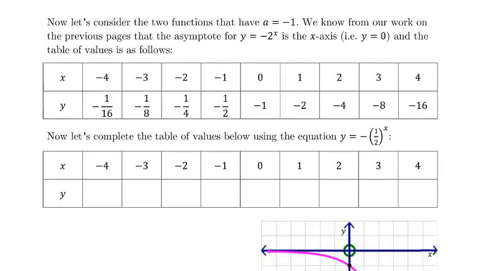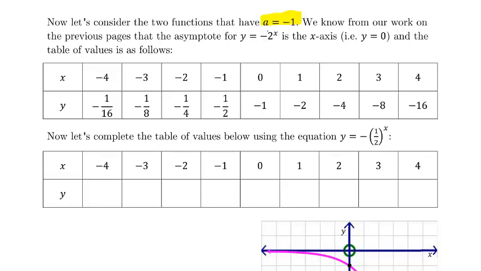Okay, now let's consider the two functions that have a equal to -1. We know from our work on the previous pages that the asymptote for y equals -2 to the x is the x-axis, in other words, y equals 0, and the table of values is as follows. So please, guys, check out what we're doing over here.